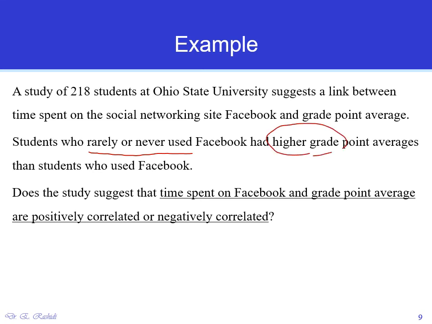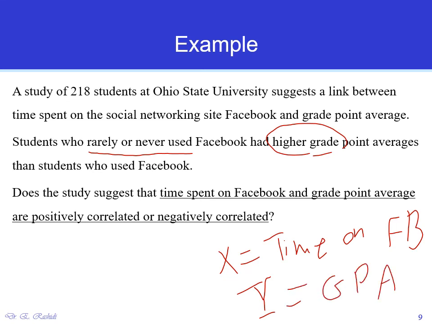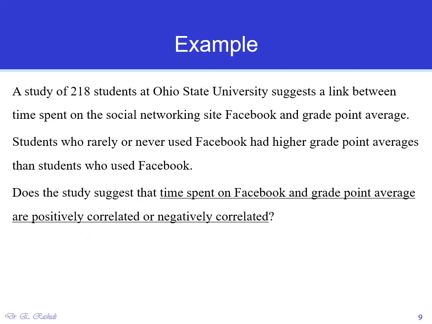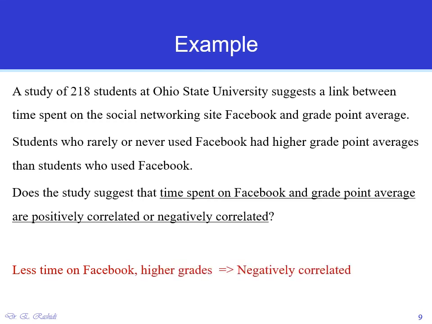So if we define two variables, x as time spent on Facebook, and y as the GPA of the student, it looks like as x increases, this leads to a decrease in y, the GPA. This means they have an opposite, or negative, relationship. Less time spent on Facebook, higher the grades. So they are negatively correlated.